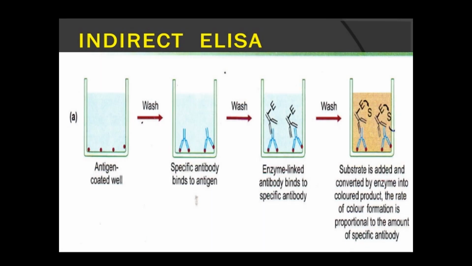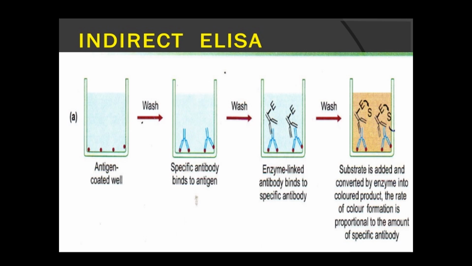We also have, from ELISA, indirect ELISA and sandwich ELISA. The indirect ELISA is used to identify and determine the concentration of antibody present in the patient's plasma. That means we are determining the antibody present.